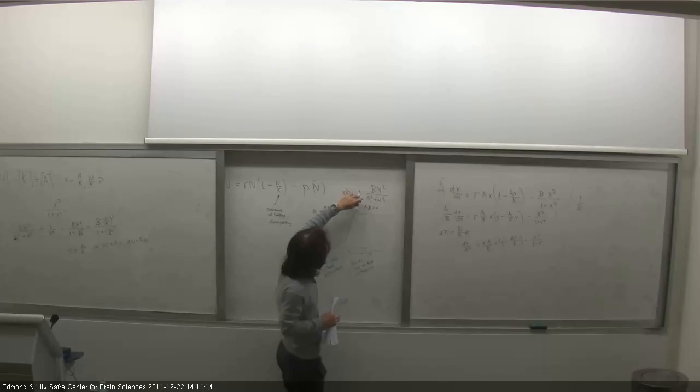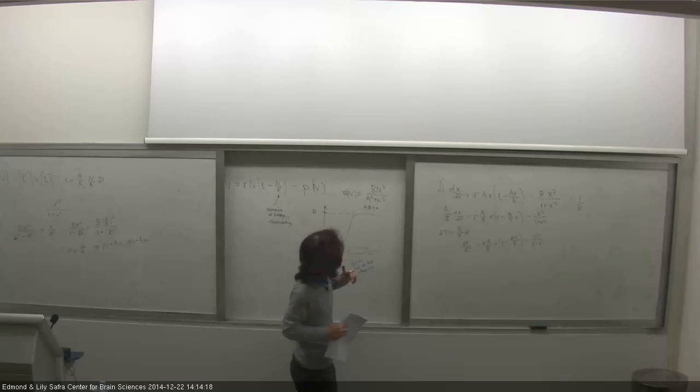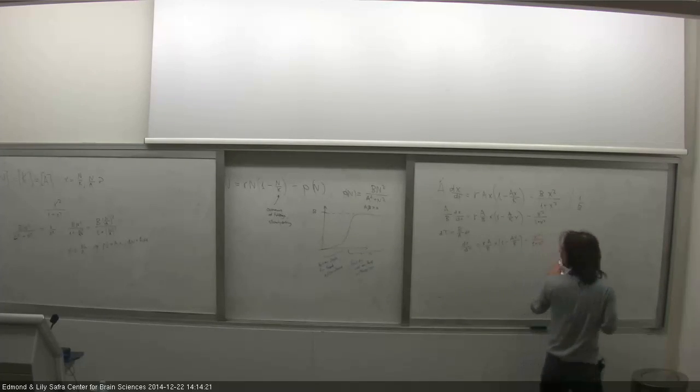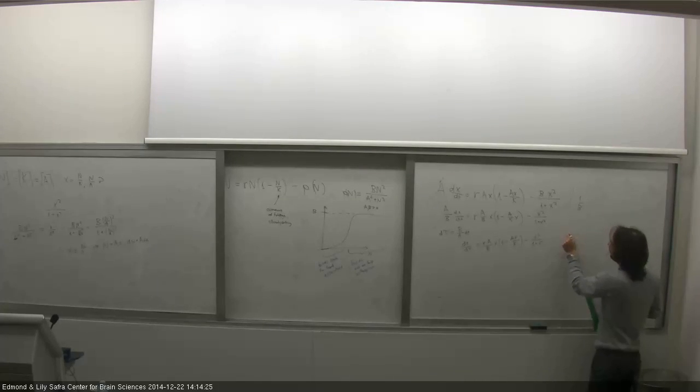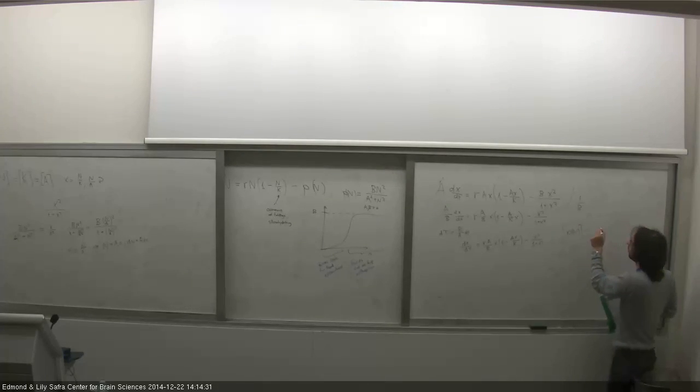We said the units in the denominator are population squared, right? So the units of P of n are units of B times units of population squared divided by units of population squared.